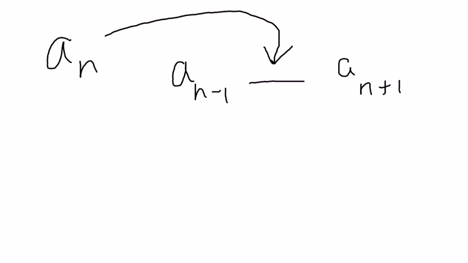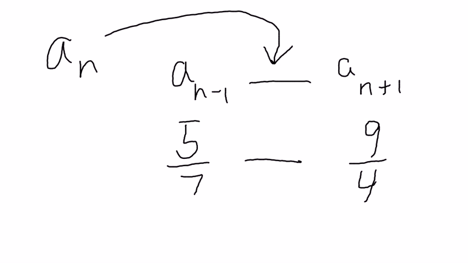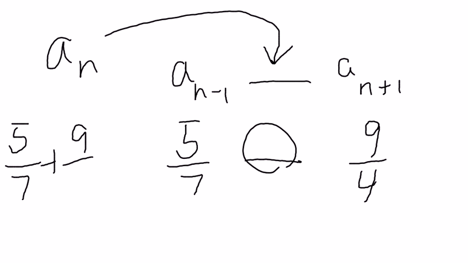So it's an arithmetic mean, and we know from what's given that a sub n minus 1 is 5 over 7, and a sub n plus 1 is 9 over 4. So in this arithmetic sequence, what goes in the middle? What we can do is just get the average of those two numbers, and we'll get the one that goes right in the middle. So you just add 5 over 7 plus 9 over 4, over 2.